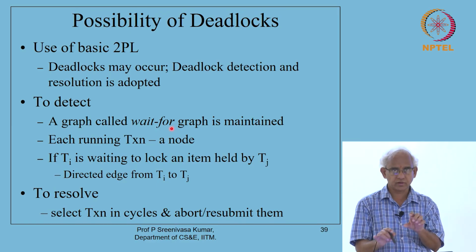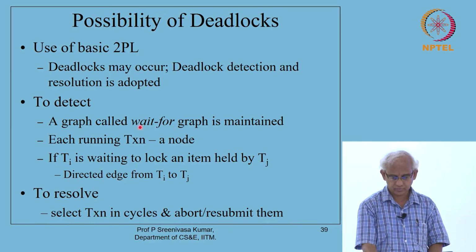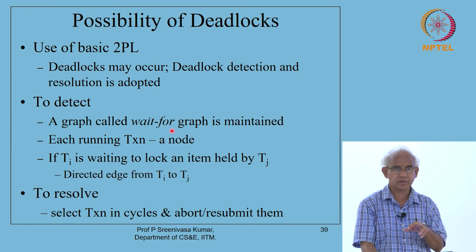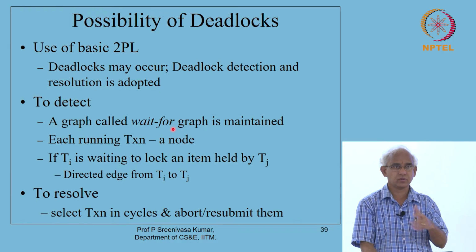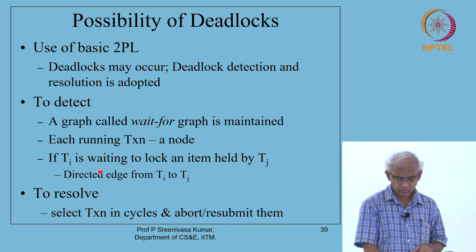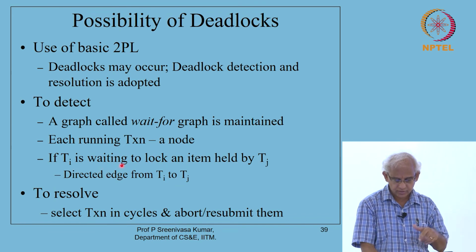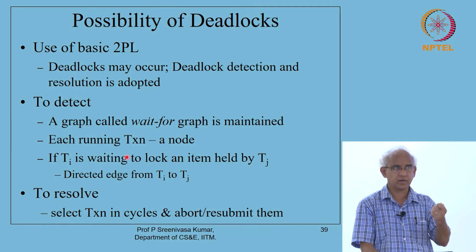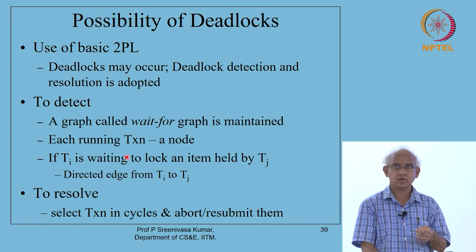As long as a cycle does not come into the picture, you are safe, so you can keep on allowing the transactions to operate. If there is a cycle, then you know that a deadlock has happened, and you can break that cycle by taking an arbitrary transaction from there and simply aborting it.